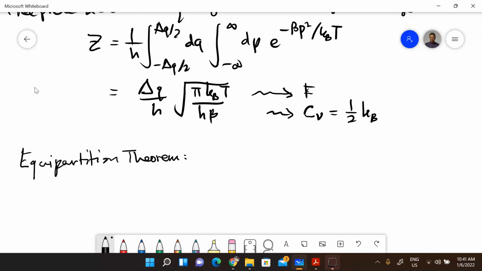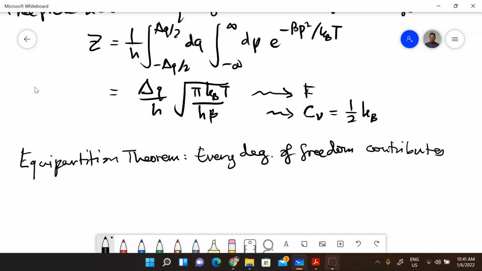Which says that every degree of freedom, in this case including the Q and P, contributes a factor of average. Okay, remember that the degree of freedom must exist in terms of a quadratic form.